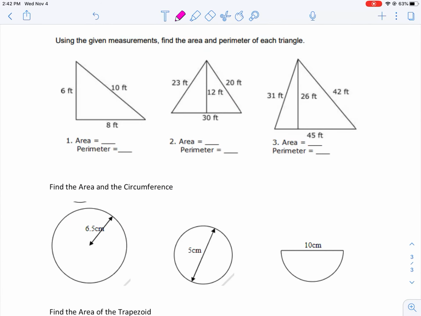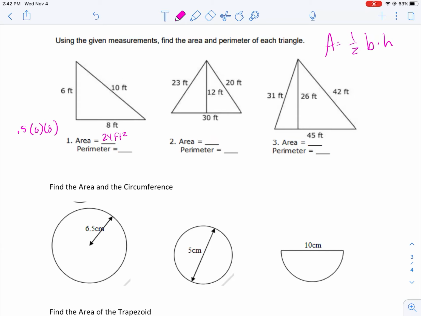Using the given measurements, find the area and perimeter of each triangle. Remember, to find the area of a triangle, it's 1/2 base times height. So the area here is 0.5 times 6 times 8, which is 24 feet squared.